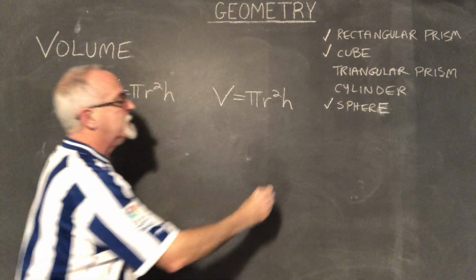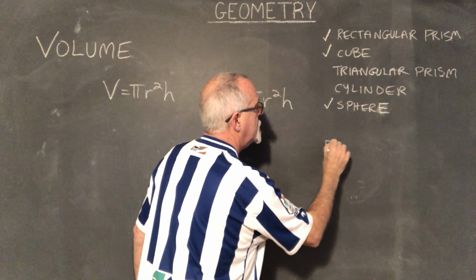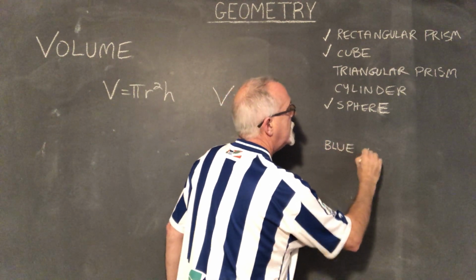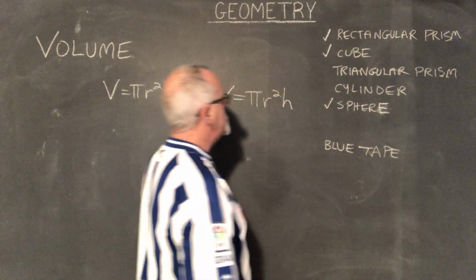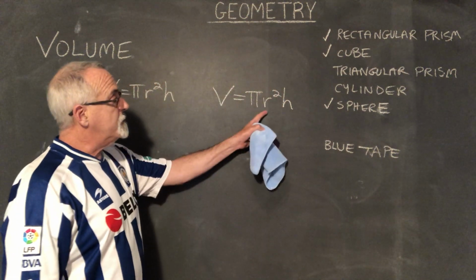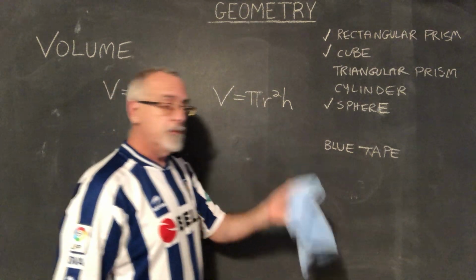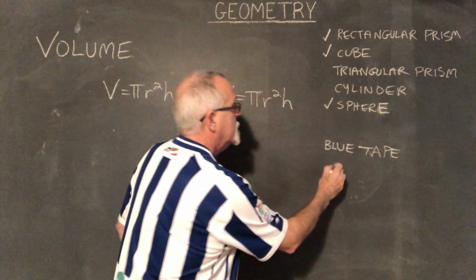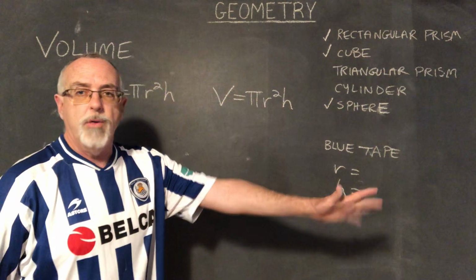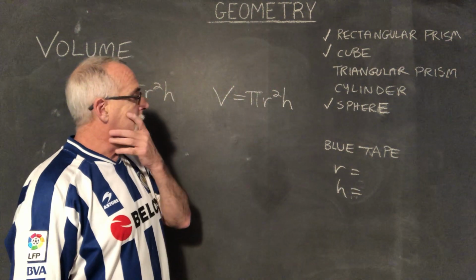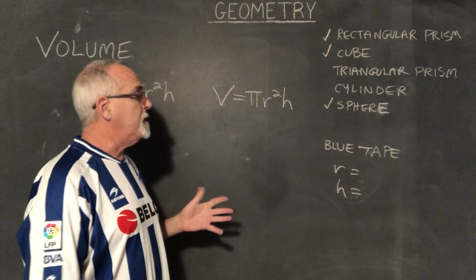But we have two shapes. Let's say the blue painter's tape. I'll write blue tape. What dimensions do we need? We need its radius and its height. I haven't measured them ahead of time while preparing my lesson plan, so I'm going to measure them right in front of you.